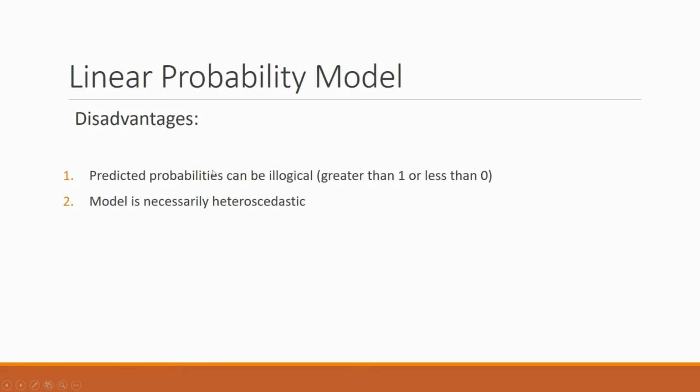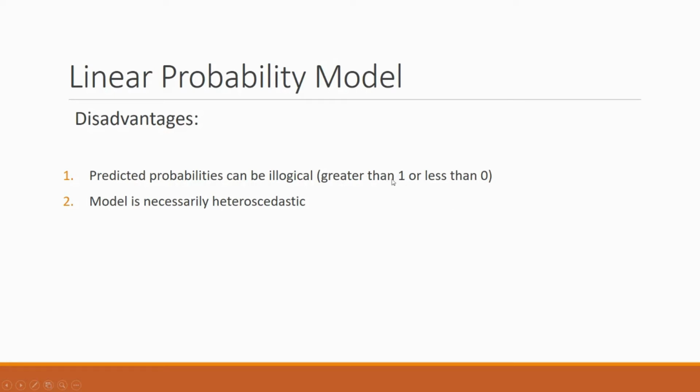But now this is going to be our big problem with the linear probability model. If we were to generate predicted probabilities using our results from a linear probability model, those probabilities would have the potential to be greater than 1 or less than 0.